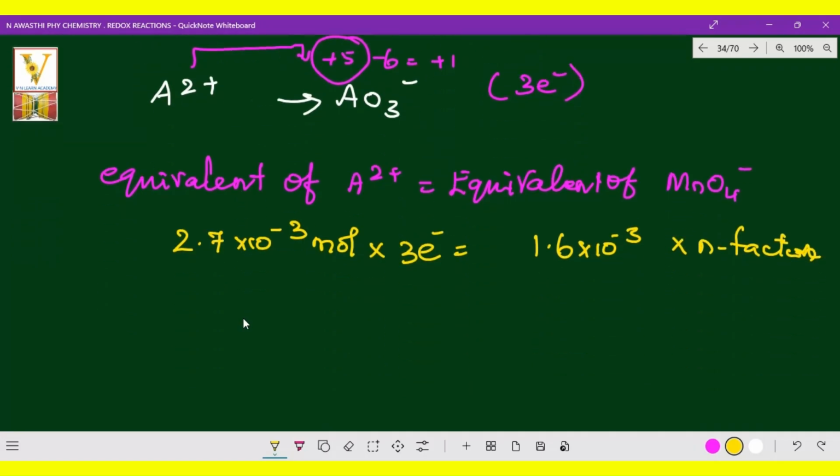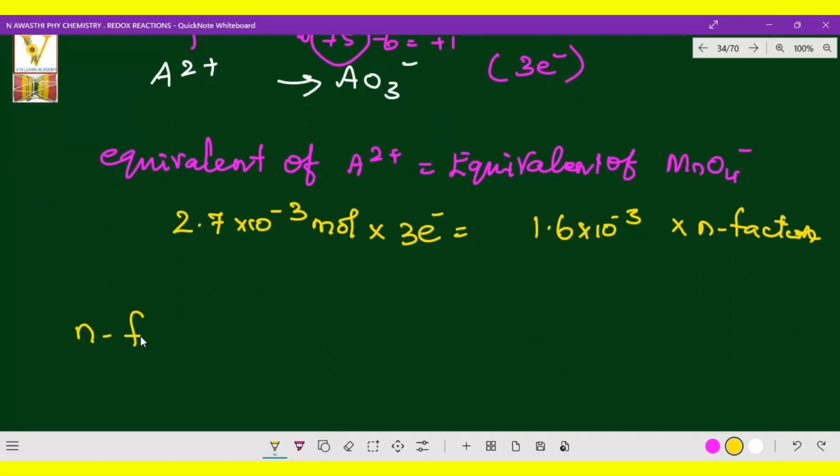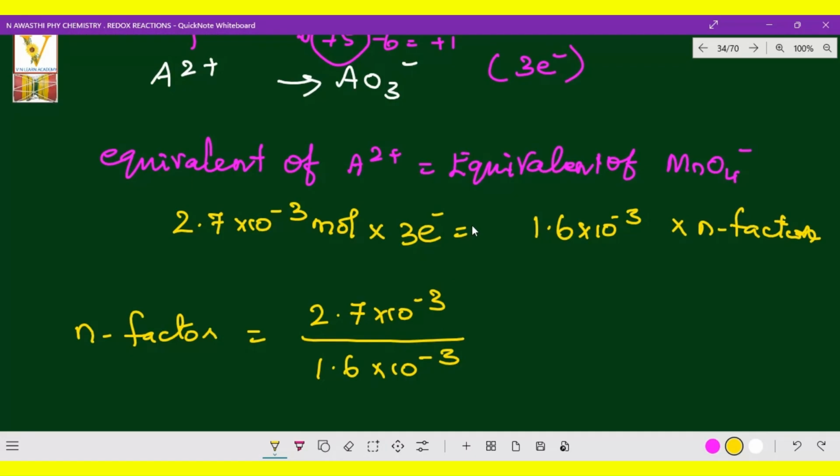So 2.7 into 10 to the power of minus 3 divided by this 1.6 into 10 to the power of minus 3. N factor, we just bring it there only. So here 2.7 into 3 electrons only, no, here. So 3 electrons divided by this. Okay, n factor only, we bring it here. So what is the answer here? How do we bring it? So this and this will be cancelled. Minus 3 will be cancelled.